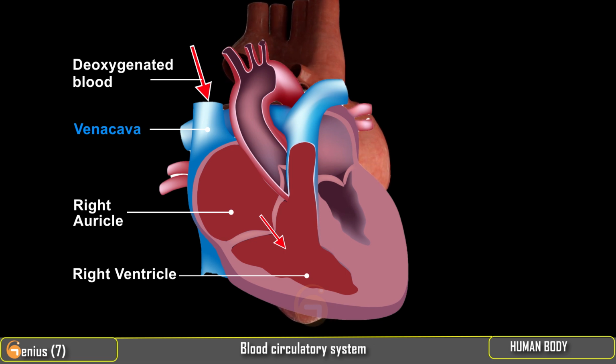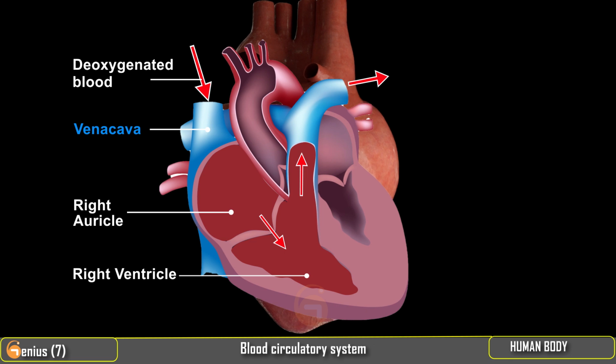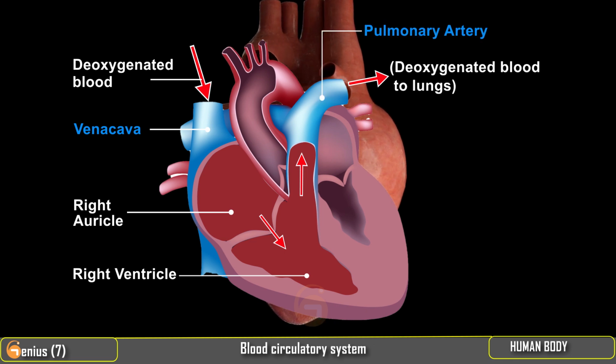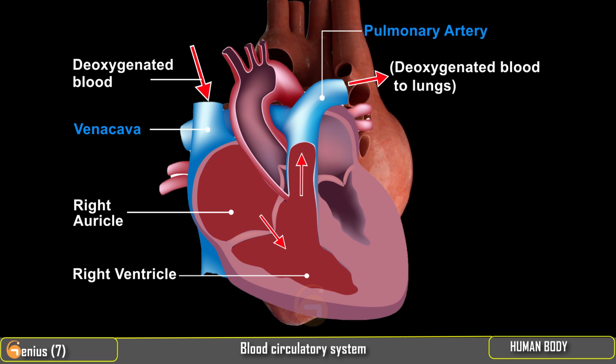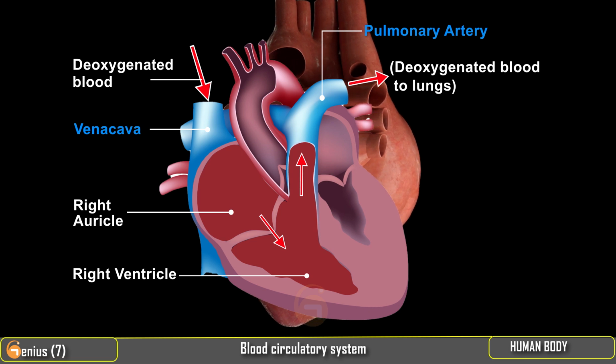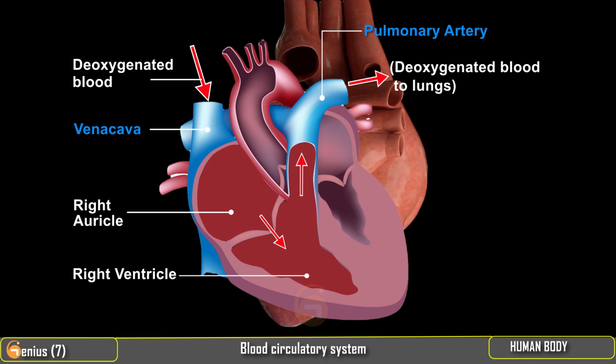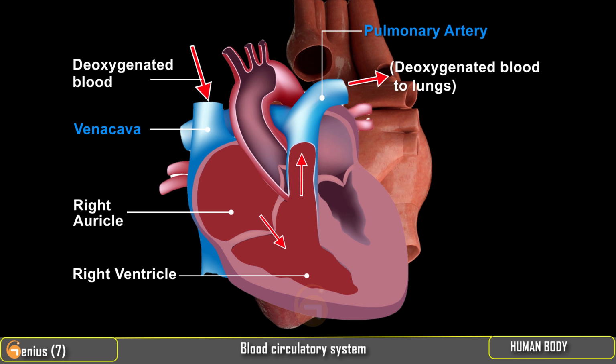The muscular right ventricle then pumps this blood into the lungs through the pulmonary artery. In the lungs, oxygen is added to the blood and carbon dioxide is removed. The carbon dioxide is then breathed out.